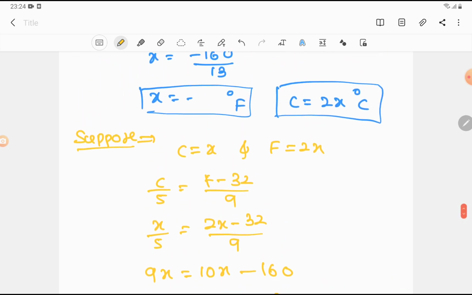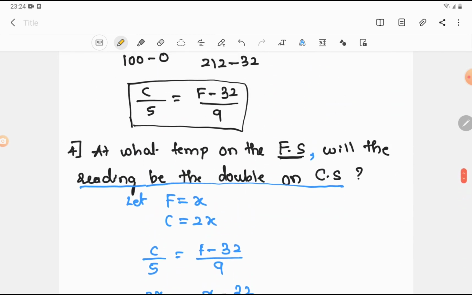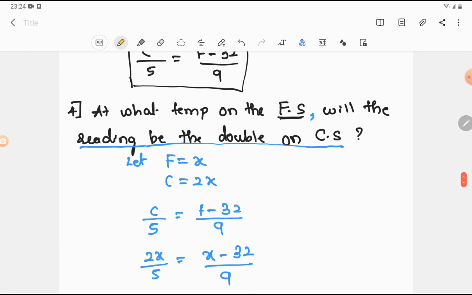I'll just go through it again. At what temperature on the Fahrenheit scale will the reading be double on the Celsius scale?